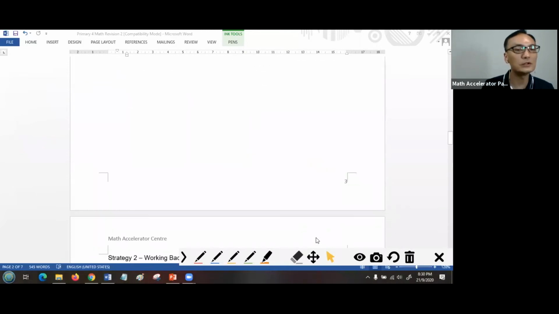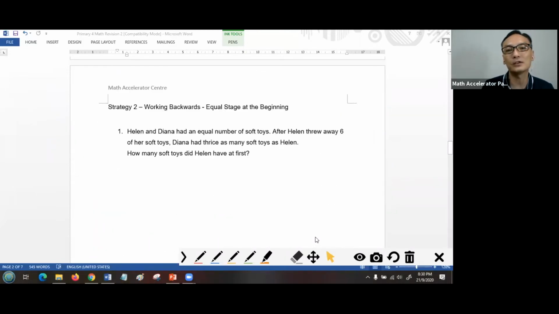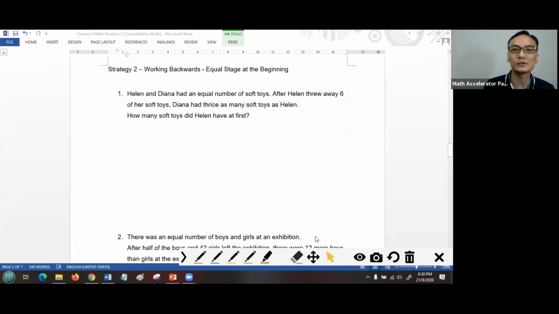So the next question, we're going back to another heuristic called equal stage. Now, there's equal stage at the beginning and equal stage at the end. So we're going to work 2 questions on equal stage at the beginning and after that, equal stage at the end. So in the first question, it says that Helen and Diana had an equal number of soft toys.